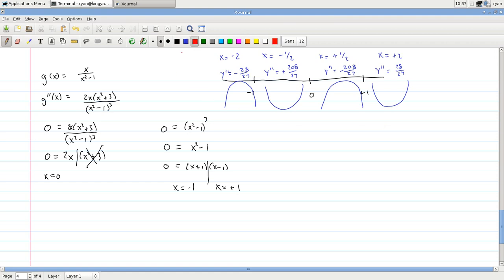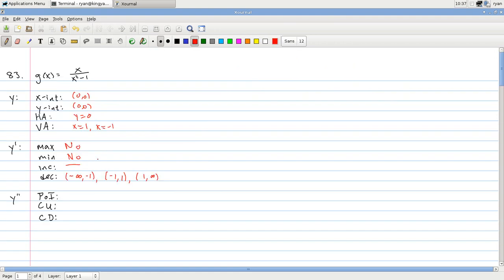So updating these back on our original table, we know that the function was concave up from -1 to 0, and again from 1 to infinity. We know that the function was concave down from -∞ to -1, and again from 0 to 1.